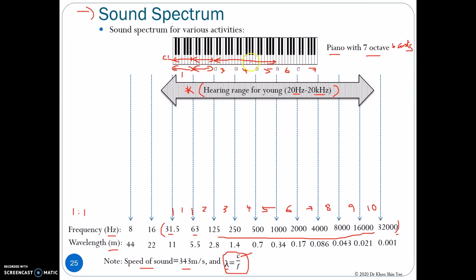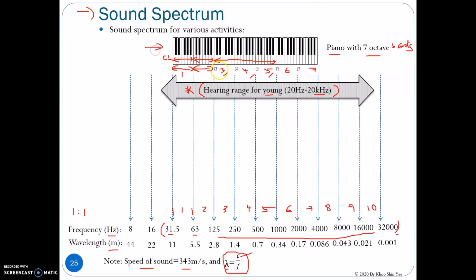It consists of 21 notes. So you can see that for each octave band, the rhythm is the same, but the frequency increases from one to another, higher and higher.